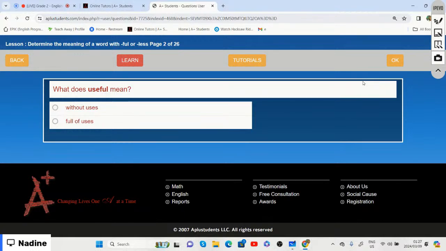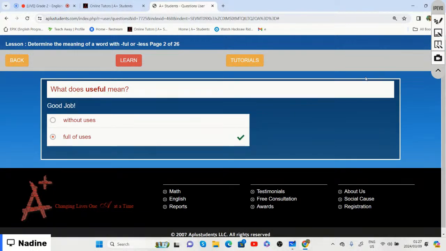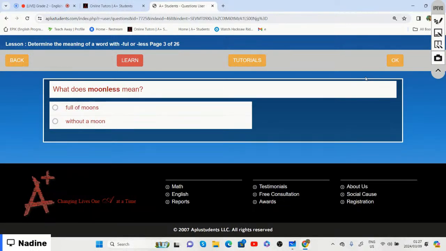And if we choose the correct one, we can say useful means that it is full of uses. Full of uses, right? Because full means full of and less means without.